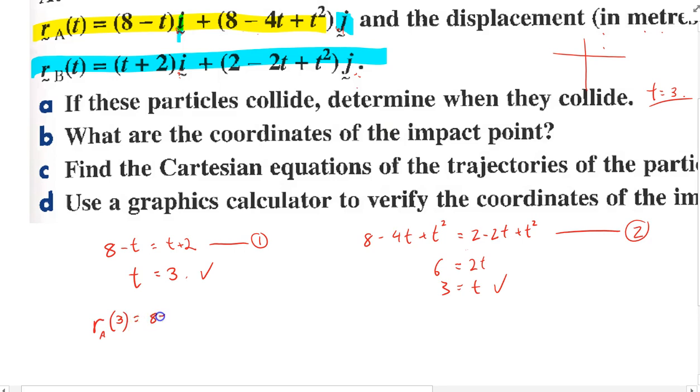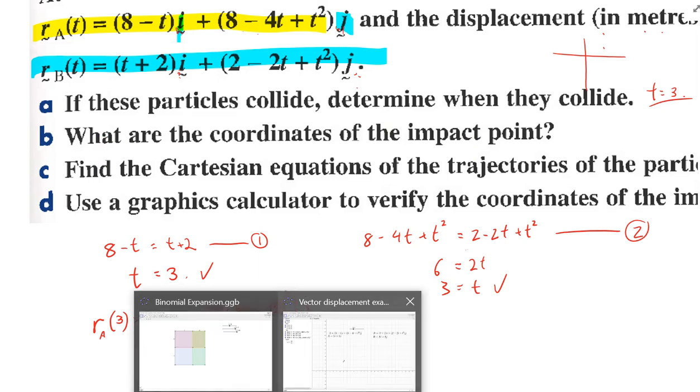So you'll be at 8 minus 3 i, and you'll be at 8 minus 4 times 3 plus 3 squared j. So that's going to be 5i and then it's going to be 5j. So the coordinates of my impact point are 5, 5.